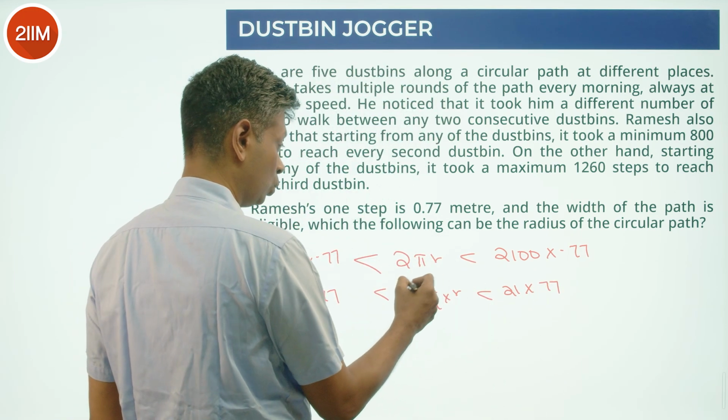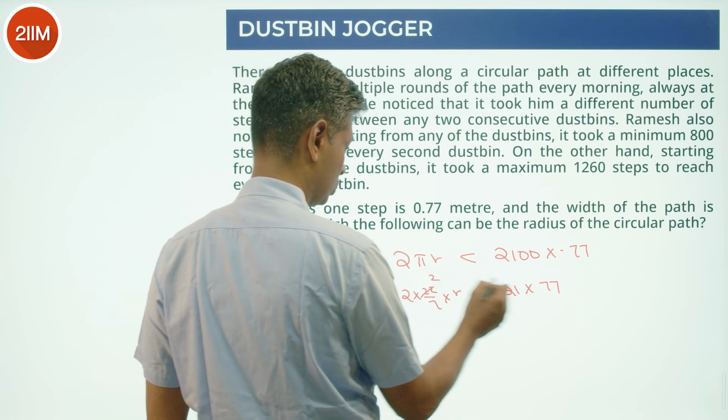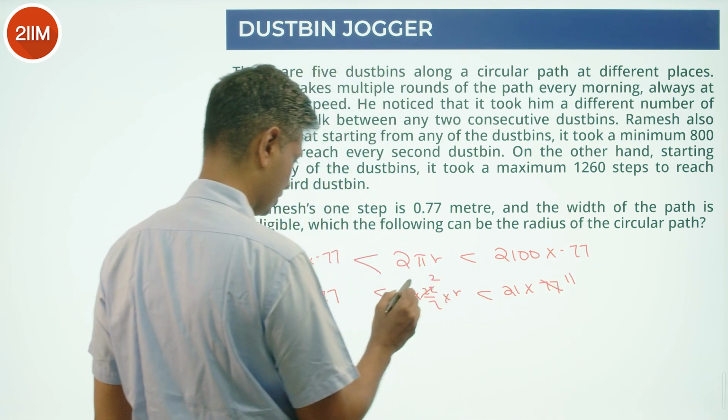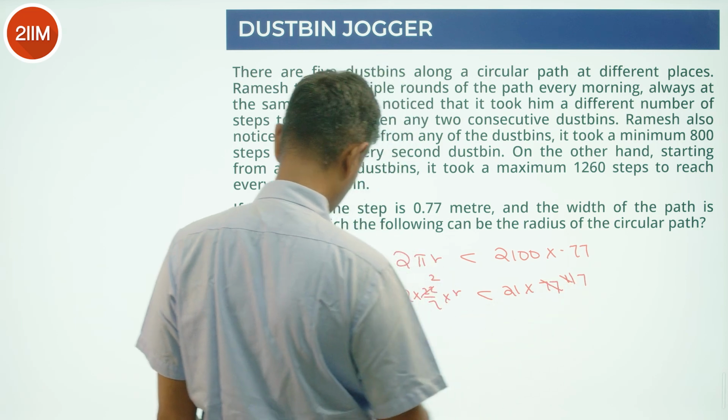This is 22, I can cancel off, make it 2. This will be 11, 7 gets, this will be 7, 11 gets cancelled off.